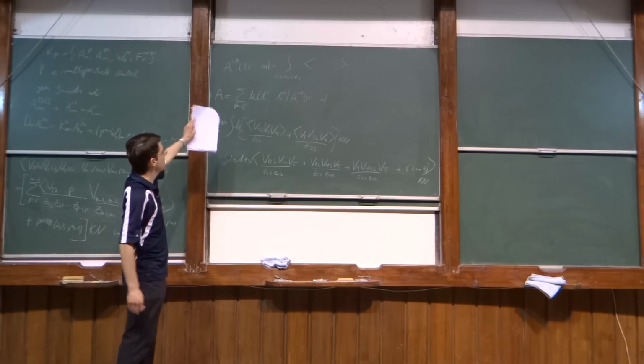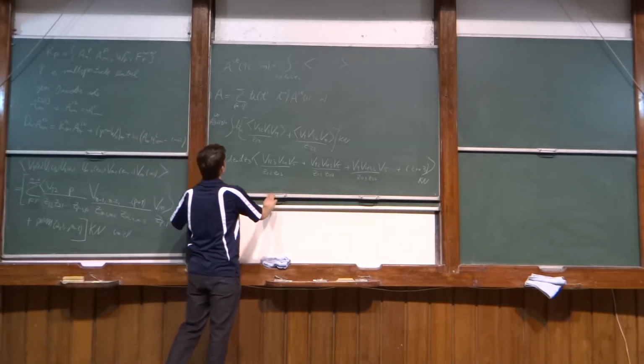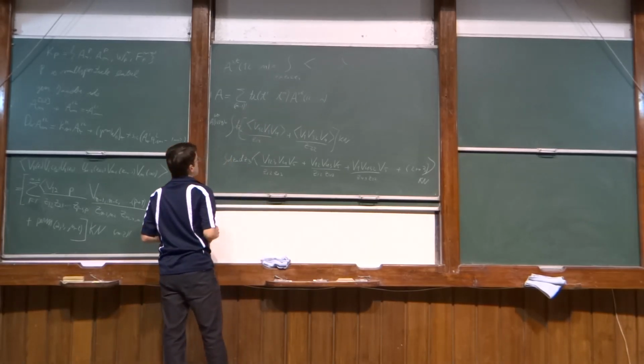So this symmetry, n minus 1 factorial, is because of the property of the trace.